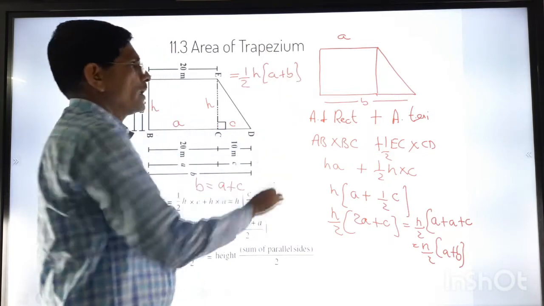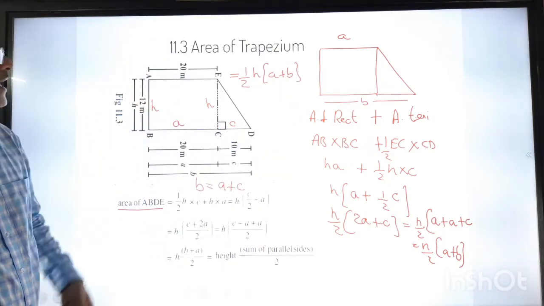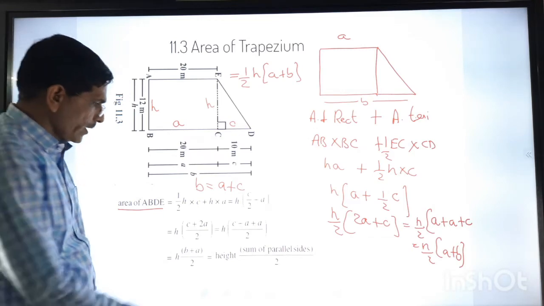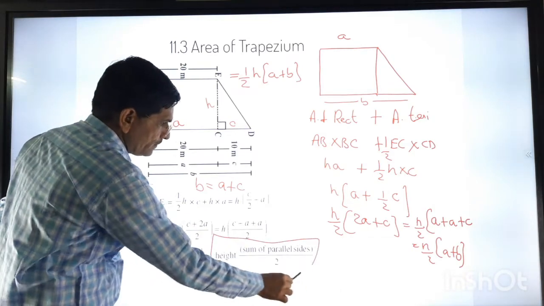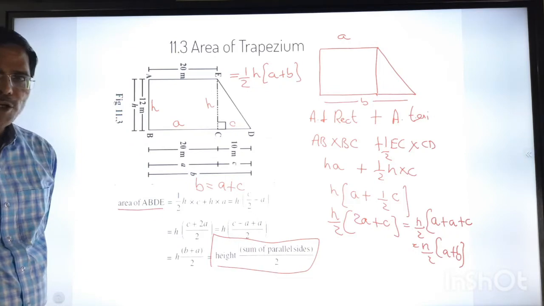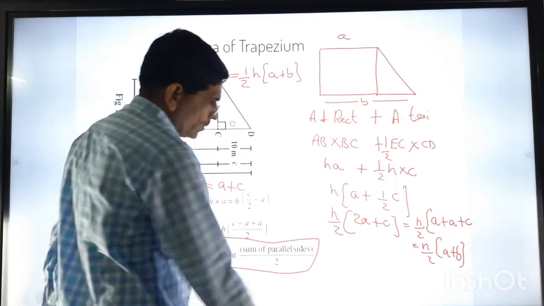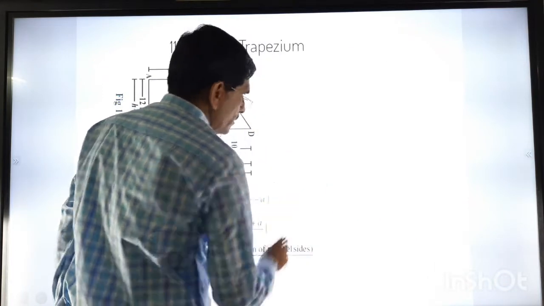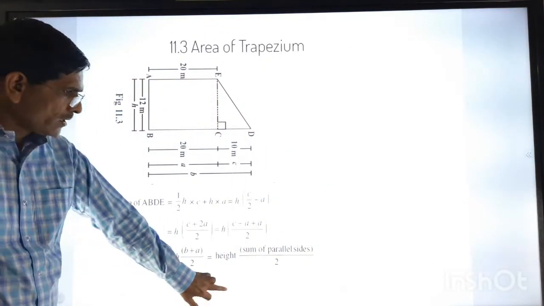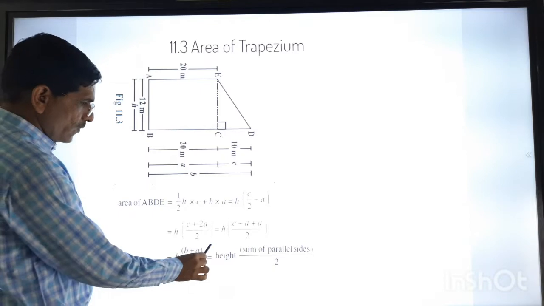That is the formula to find the area of a trapezium. So the area of a trapezium is height into sum of parallel sides divided by 2. It's an expression, not to be solved; we have to directly implement this formula.